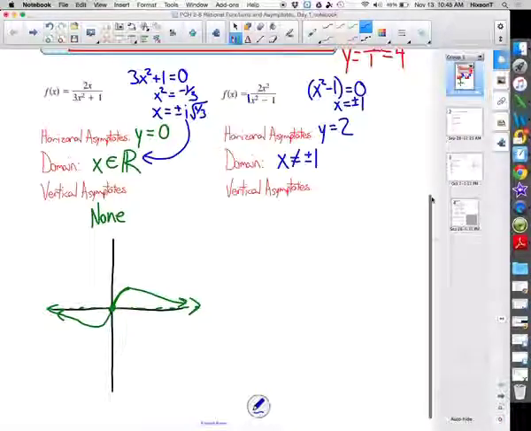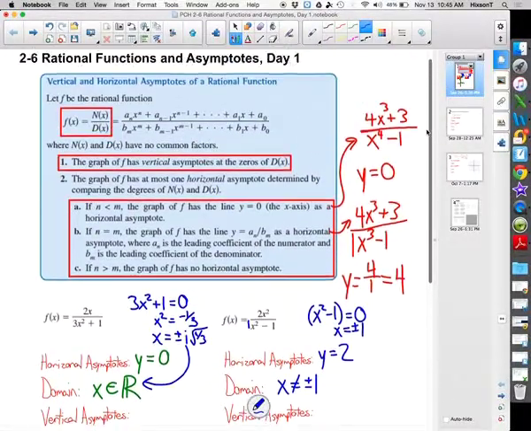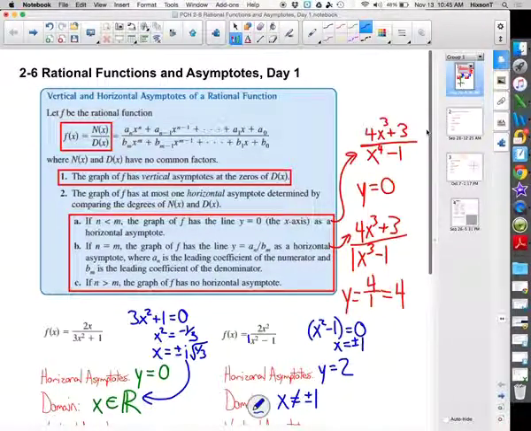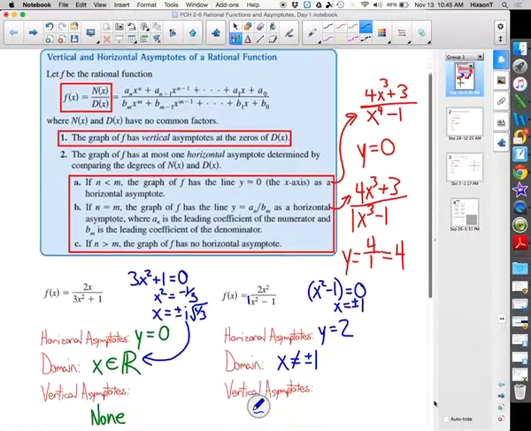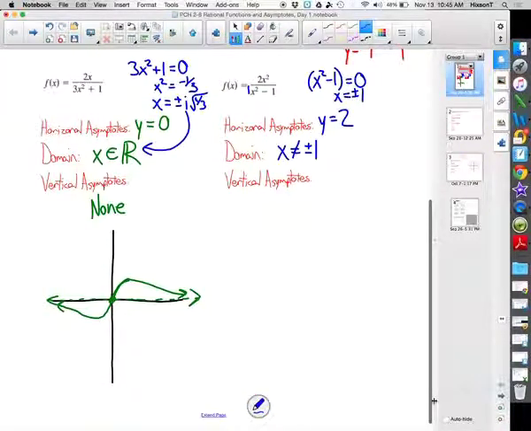Now, as we saw before, the graph of f has vertical asymptotes at the zeros of the denominator. Well, we just found the zeros of the denominator to help us find our domain. So our asymptotes are going to be x equals 1 and x equals -1.